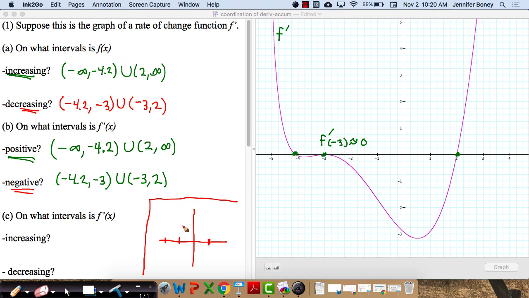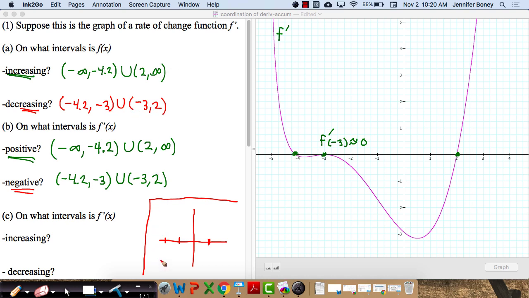And if I was trying to put together what's going on and fit it somehow in this window, I don't really know any y values, so I don't know how high or low this actually is relative to the x-axis. But I know that from the left end of the domain all the way to negative 4.2, function f is increasing somehow or another. And then after that it decreases, pauses for a moment, and then decreases again.